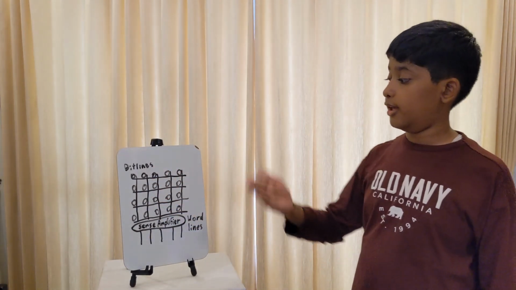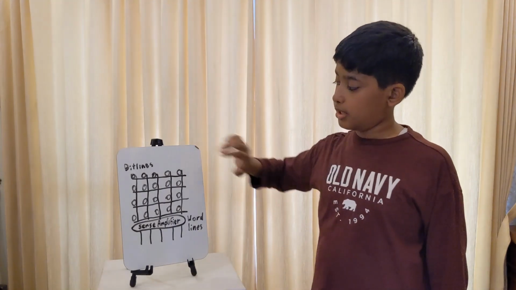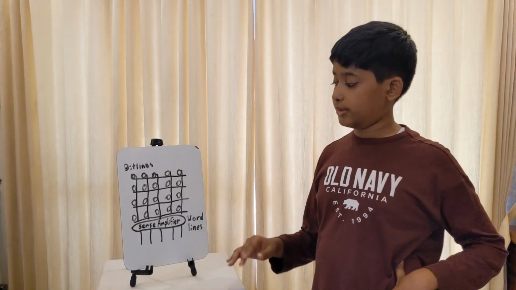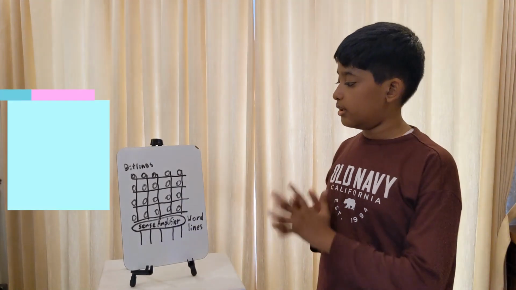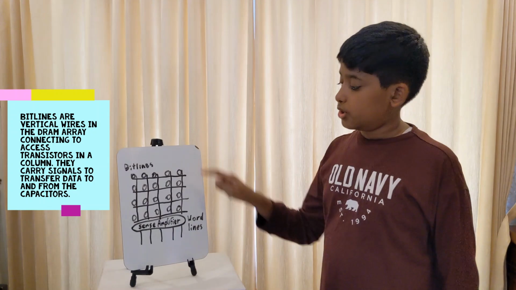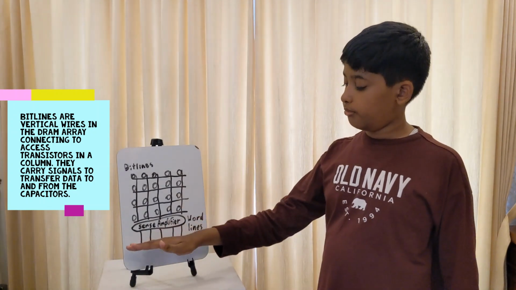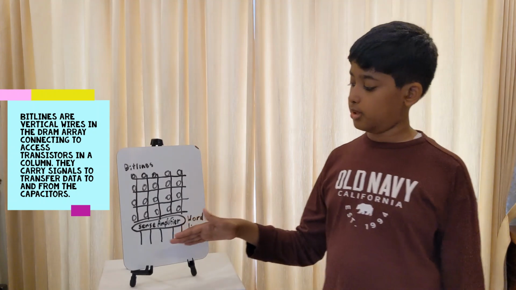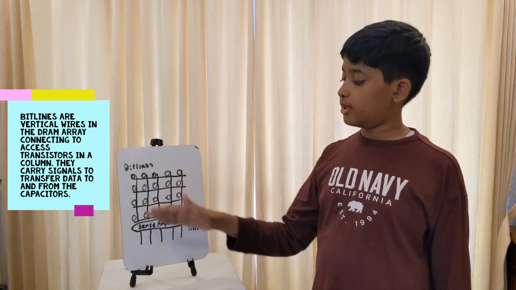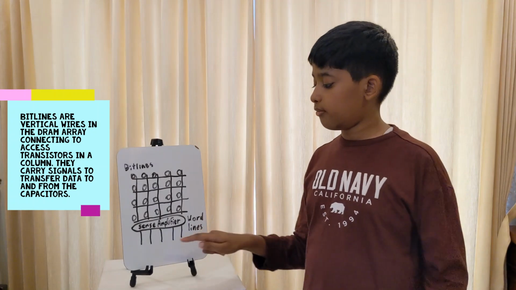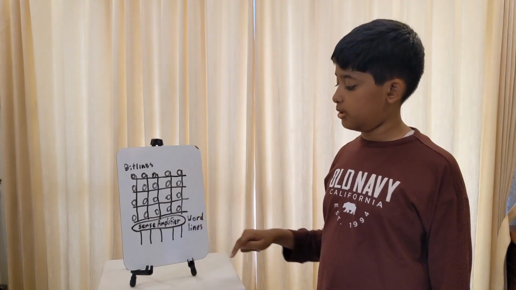In reality, there would be thousands of columns and tens of thousands of rows, but we don't need to deal with that in this diagram. Now, the bit lines go vertically. So, vertically from these wires, you read the input or output of these memories. When we're reading data, the output comes through these wires. When we're writing, we have to put the data into these.